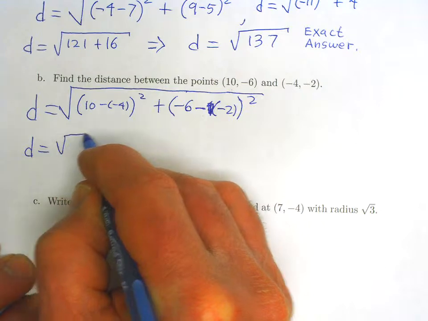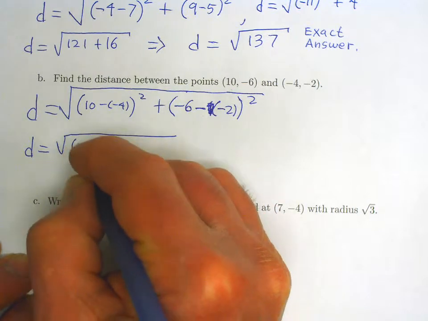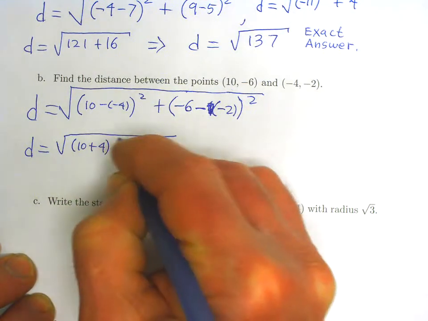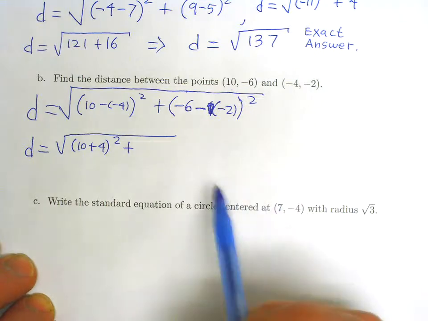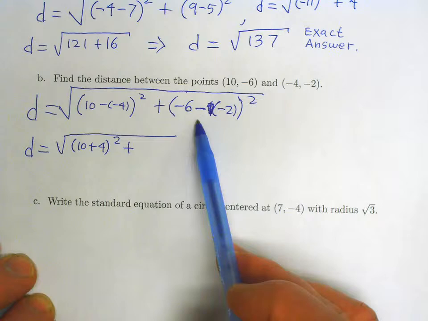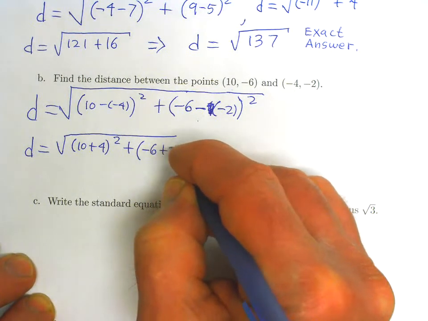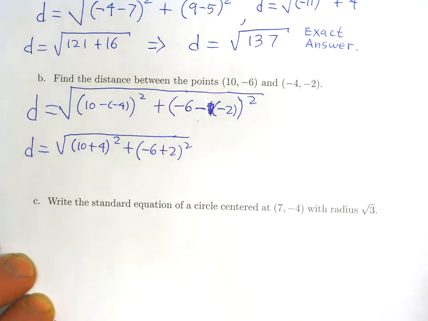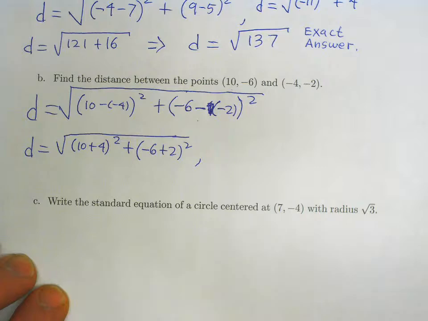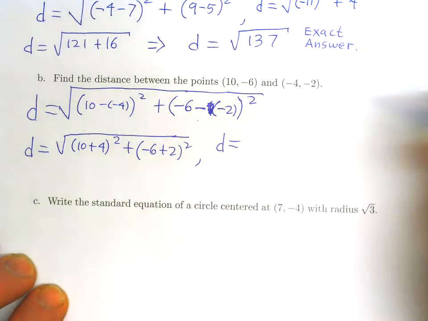Now we'll do a little bit more arithmetic. Inside this set of parentheses, 10 minus -4 is the same as 10 plus 4, quantity squared. And inside this set of parentheses, -6 minus -2 is the same as -6 plus 2, quantity squared. This is more detail than is absolutely necessary, but it might be worthwhile practice.